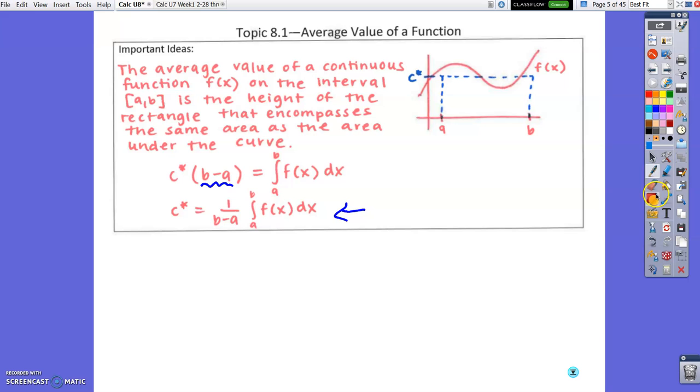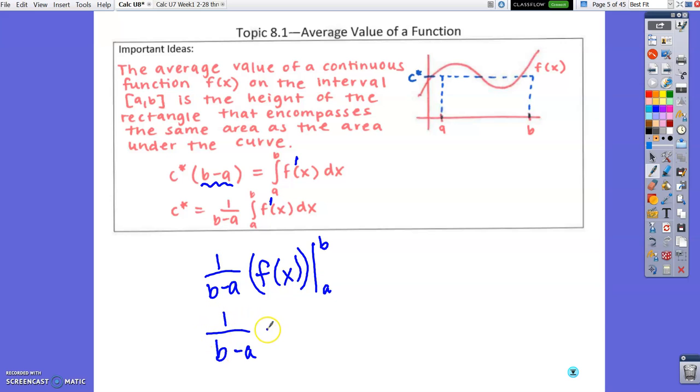Now what's really cool about the average value of a function that's not really listed on here that I wanted to bring up is that if, let's say, this was f prime for just a second, we know that the integral of f prime is f. So we've got 1 over b minus a times f of x evaluated from a to b, and so that's 1 over b minus a times f of b minus f of a.